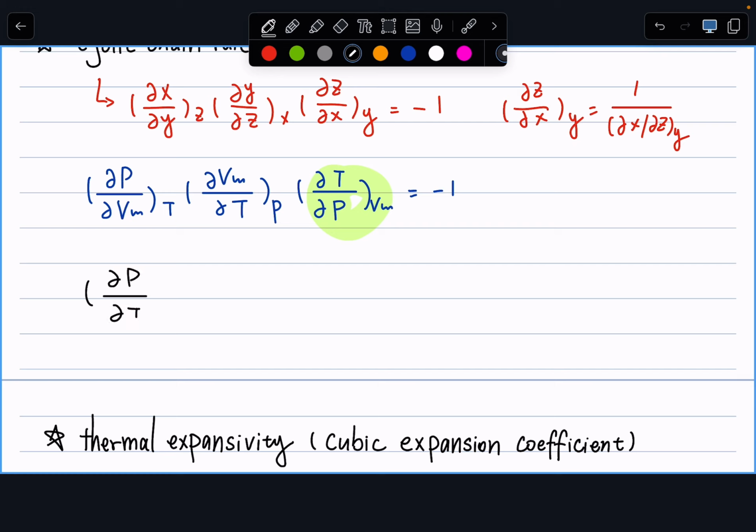So dP over dT at constant Vm. I'm just moving this one to the right-hand side.